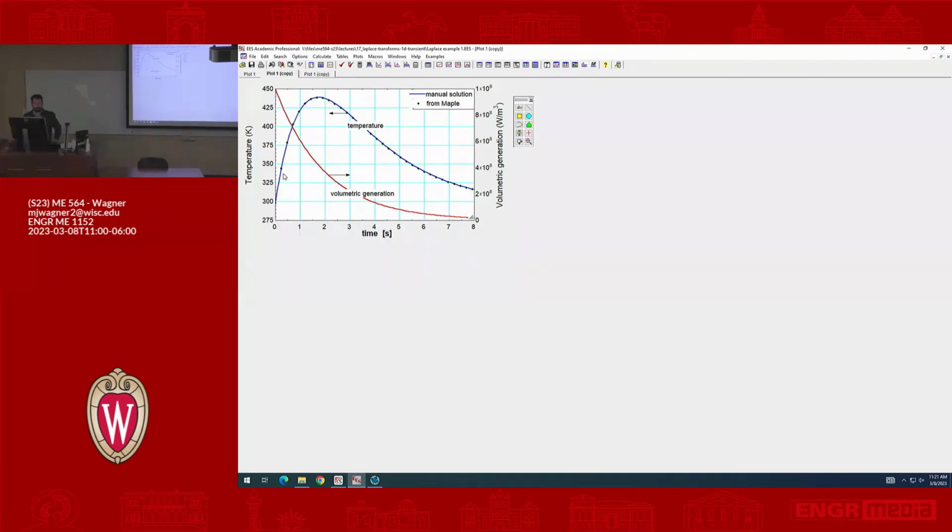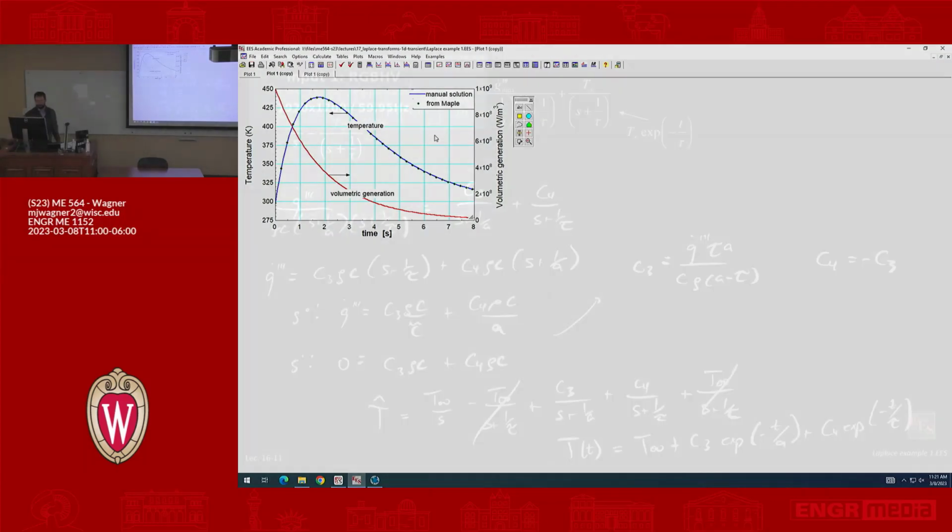Here you see that the manual or analytical solution is plotted in blue, and then the dots are the Maple solution, and it matches. So no big surprise, right? But it's kind of interesting that you get the result by taking a completely different approach. So it gives you confidence in your answer if that happens.